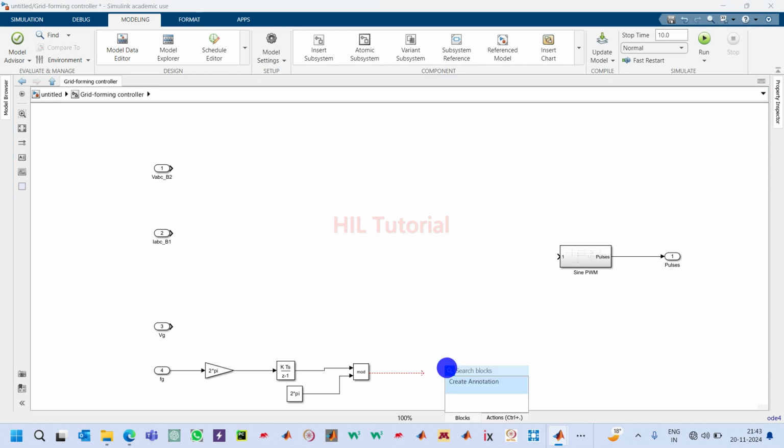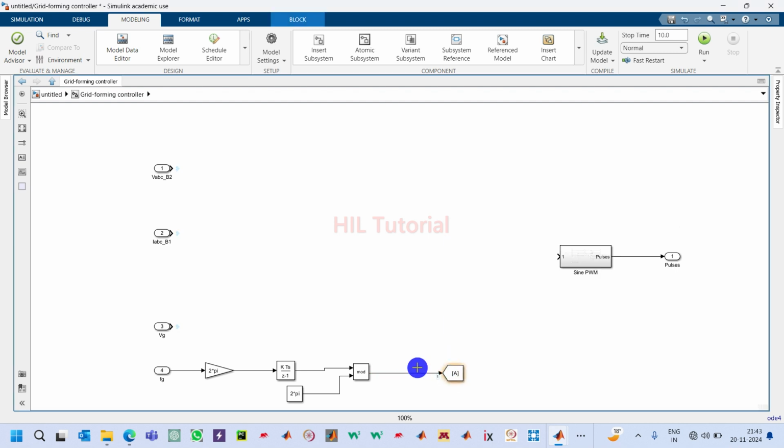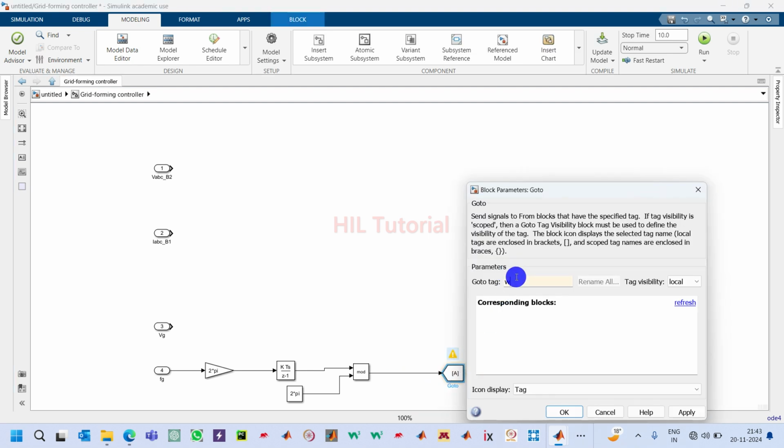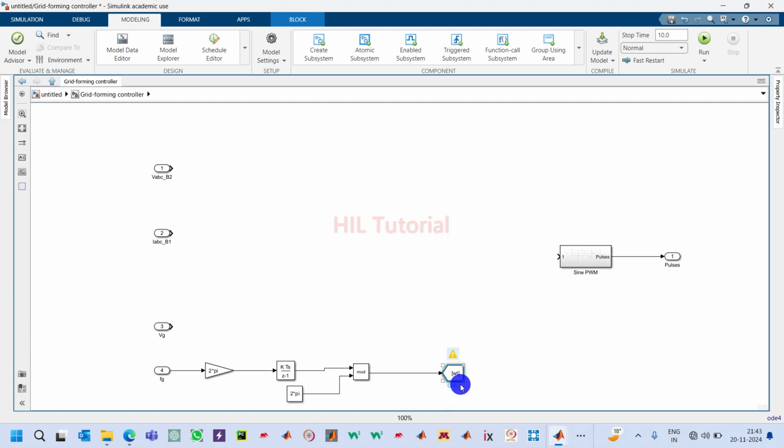So now I will make one Goto and name it omega t. From here we will get one From block, and we will use that From block at a later stage.